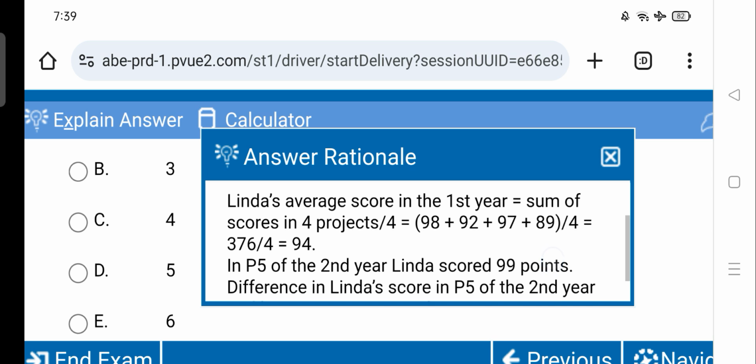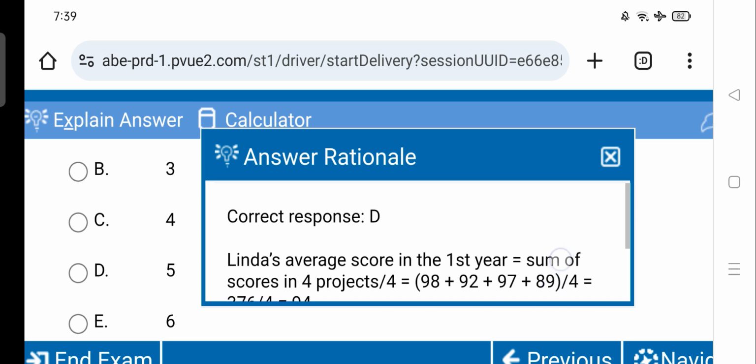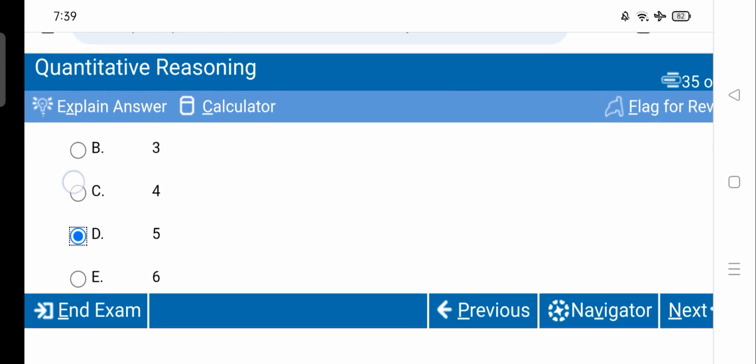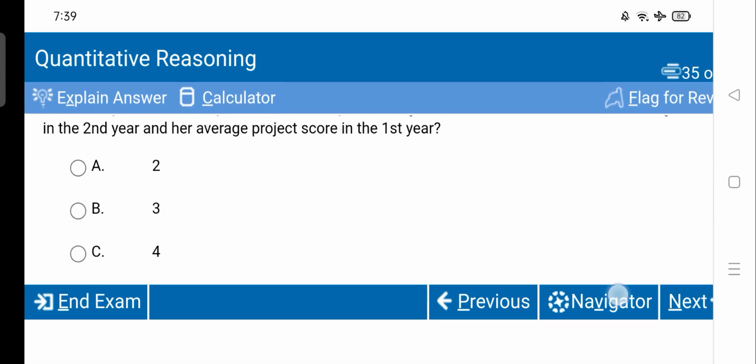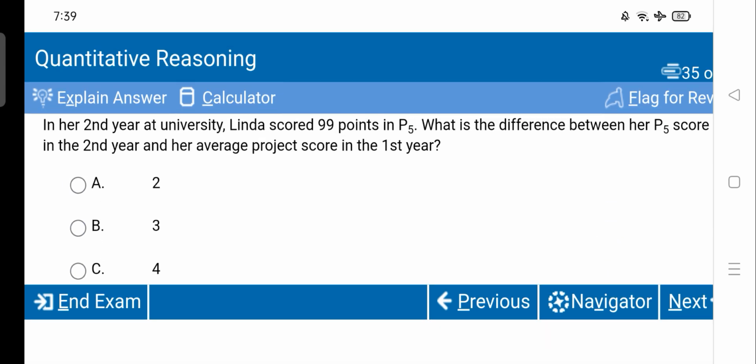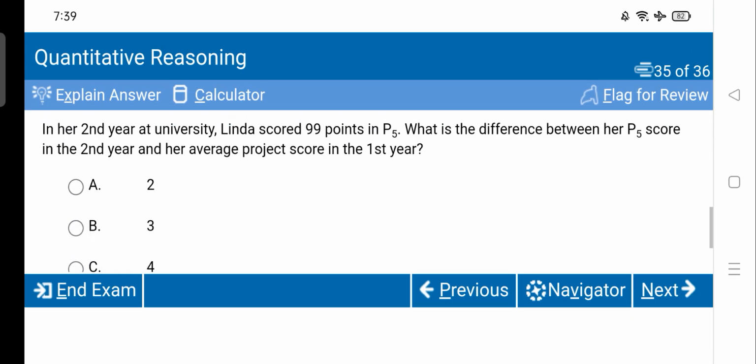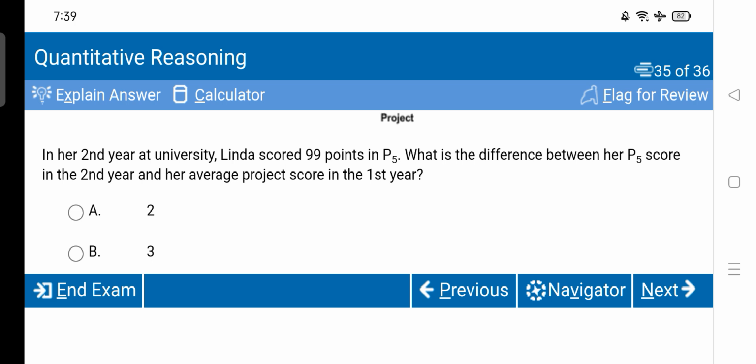So the correct response is option D, which is 5, the difference between her P5 score in the second year and her average project score in the first year.